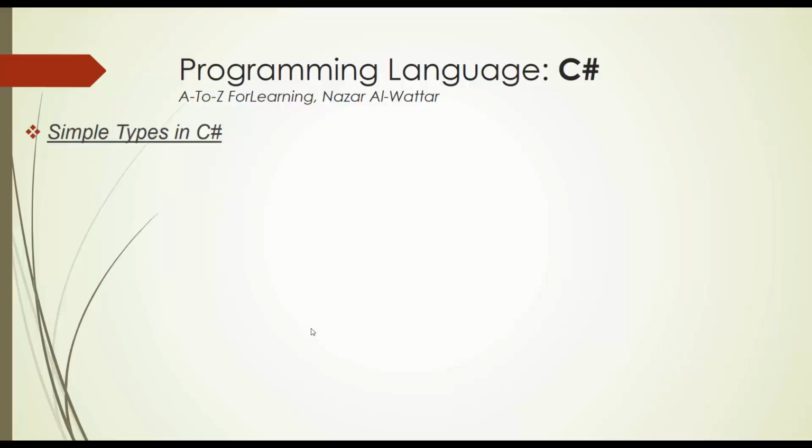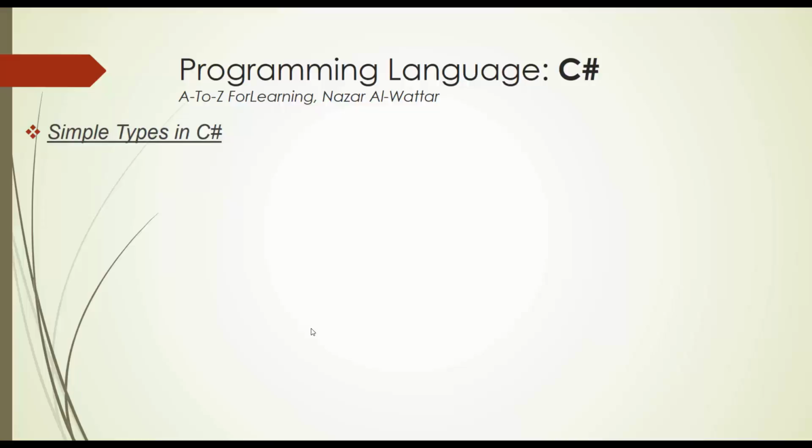Simple types, unlike complex types, don't have children or properties, and most of these types are numeric types, used to save numeric values or data. Some of you will ask me why there are many types of variables in C#.